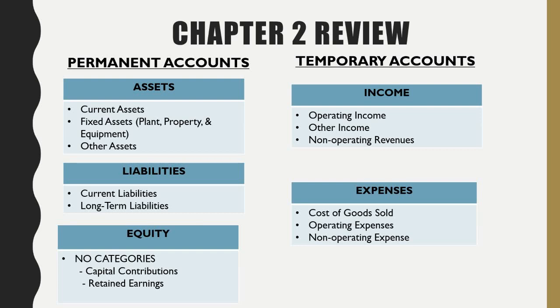This section is going to be very important because I will give you a specific account and a description, and your job is to identify the account type, the category it belongs to, and what kind of normal balance it has. I'll formulate that as a multiple choice question.